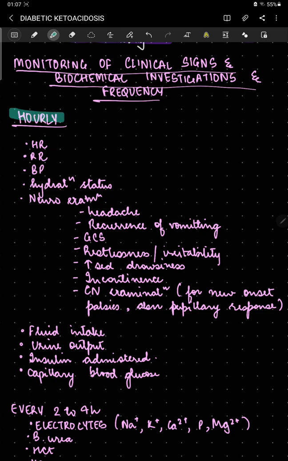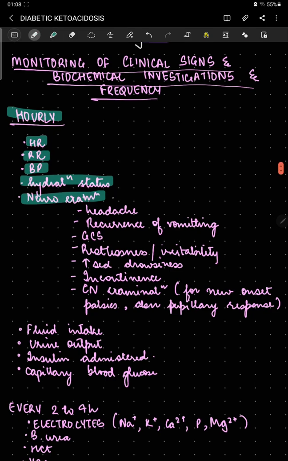Early, you have to take the vitals: heart rate, respiratory rate, BP, and check the hydration status of the child. Also, do a neurological examination thoroughly to look for any signs of cerebral edema. Right?